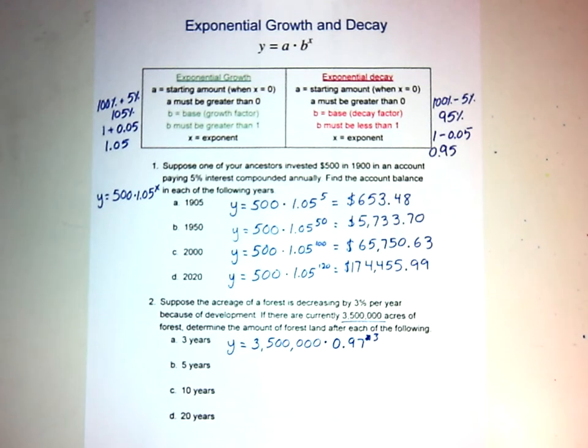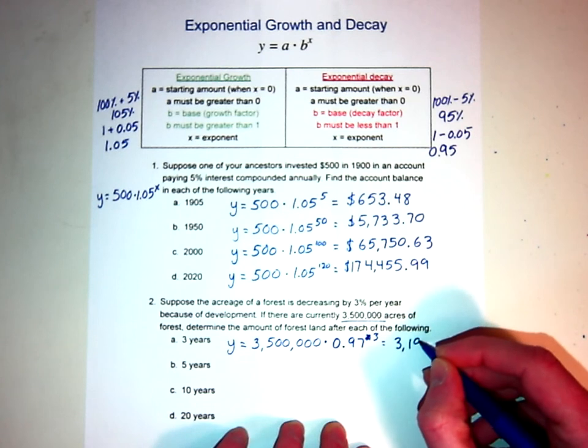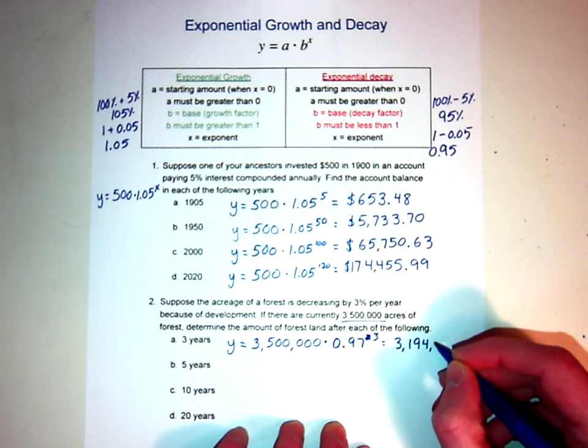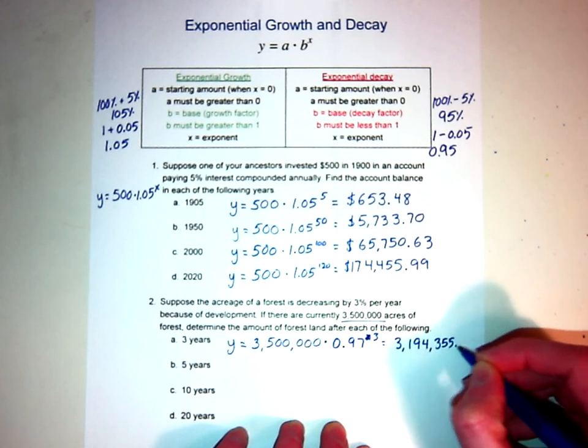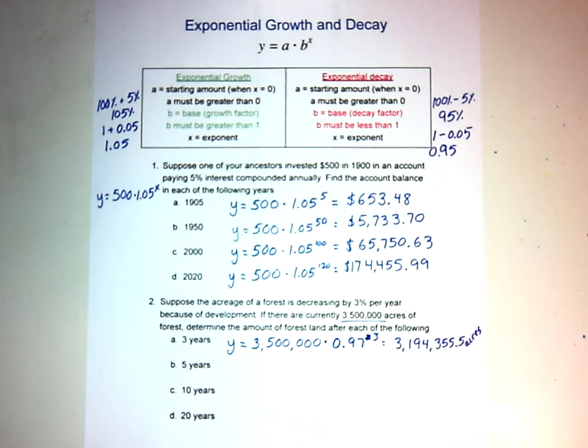Multiplied by 0.97, and for this one we're testing for 3, so to the 3rd power, and that's going to get me 3,194,355.5, and it's in acres. It's a little larger than the 100-acre woods, but we see that it's decreasing. We decreased a little over 300,000 acres.